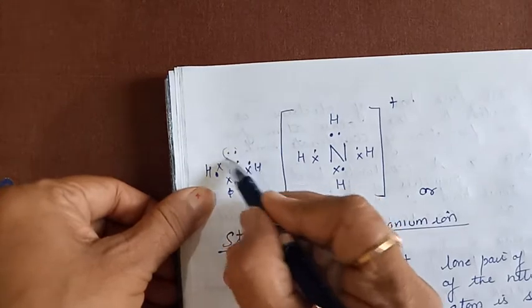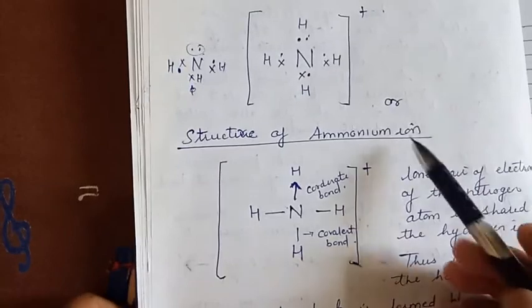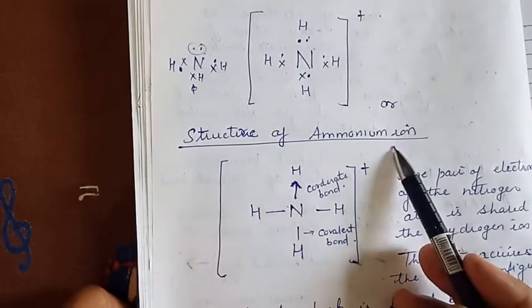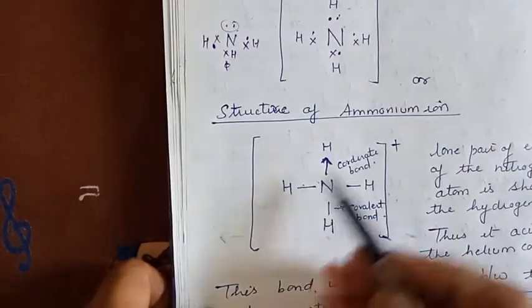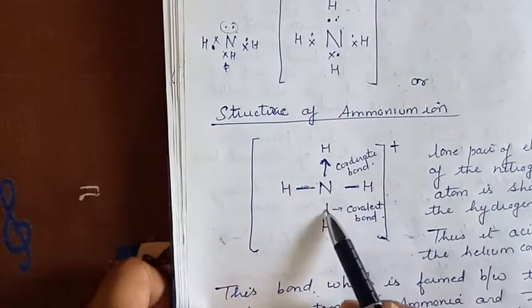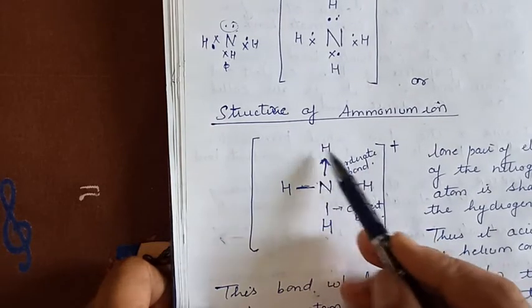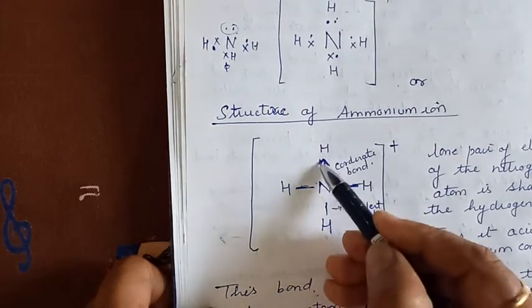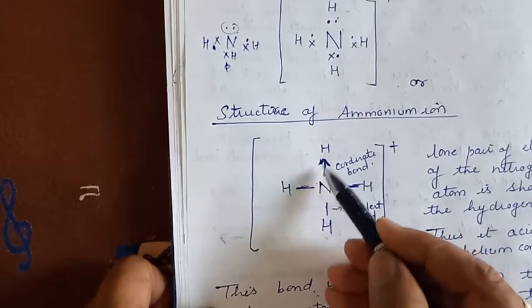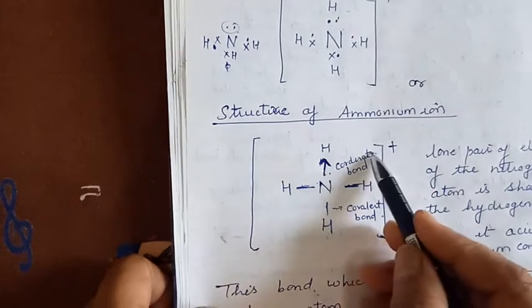This is a lone pair which is shared by this proton here. Or you can show the structure of the ammonium ion like this also. So this shared electron is shown by this covalent bond. And this lone pair which is shared by this proton, see, this is a coordinate bond, represented by an arrowhead. So this is a coordinate bond.